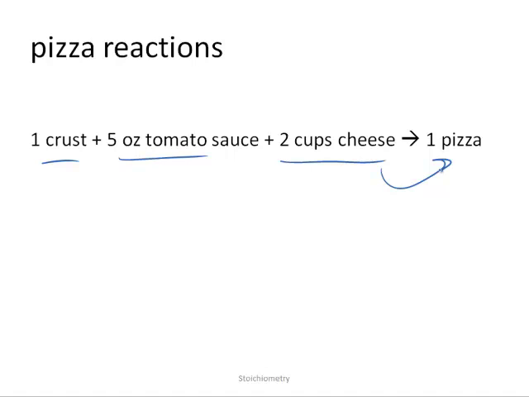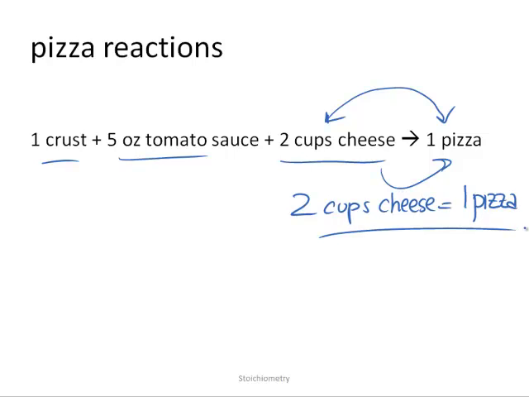Okay? So you can ask simple questions. Well, how many pizzas can I make if I have 6 cups of cheese? There's a relationship in this ingredients list. If I have 2 cups of cheese, I have 1 pizza. So that can give us an equality: 2 cups of cheese equals 1 pizza.